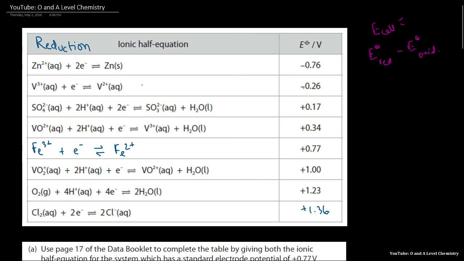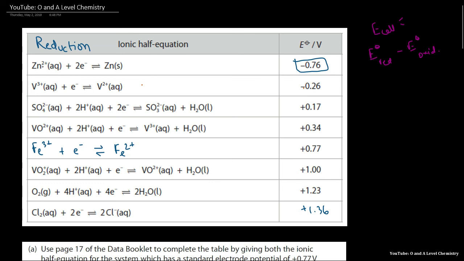The higher the reduction potential of any species is, the more tendency it has to be reduced. So we're basically looking for the lowest reduction potential value. In this case, the lowest reduction potential value is minus 0.76, which is this one.